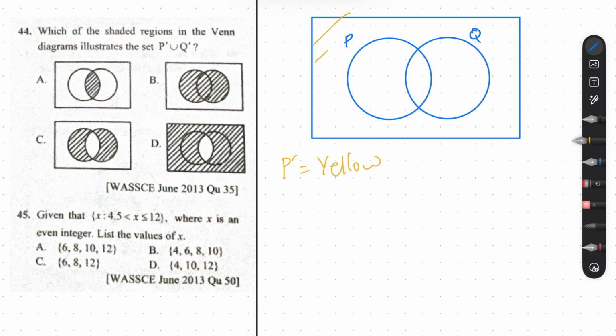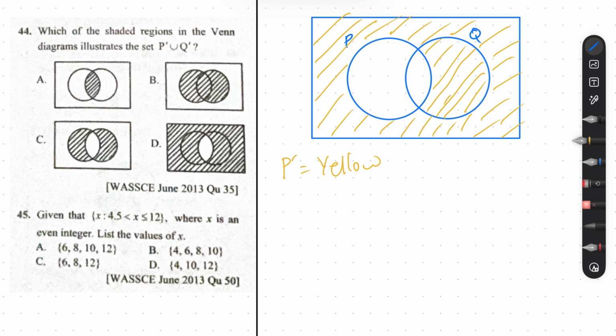So all these sides are P complement, everything outside of P. So even this side will be P complement. This side is not P complement because it's part of P, right? So let's continue shading. Now we're done with P complement.